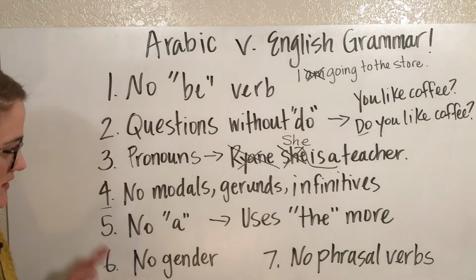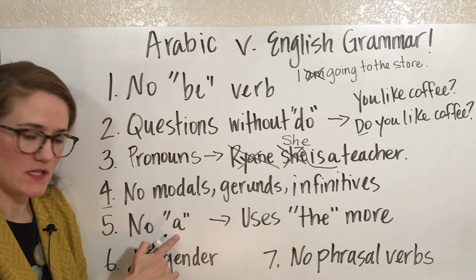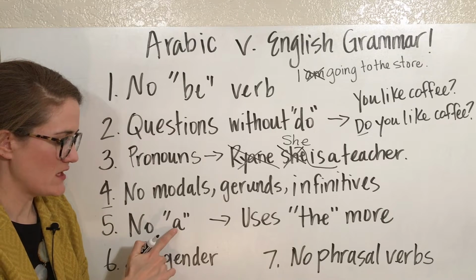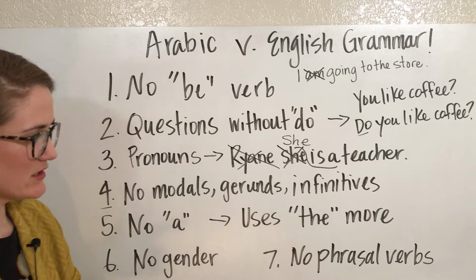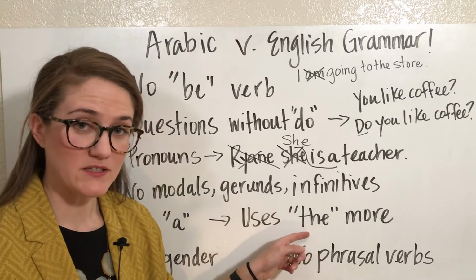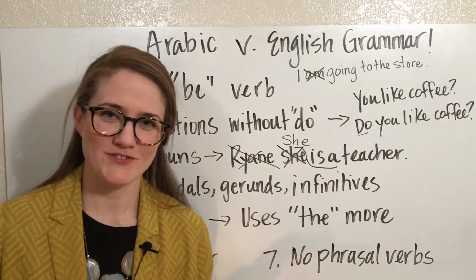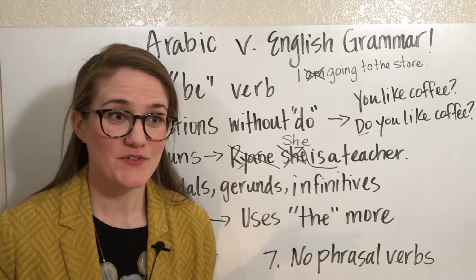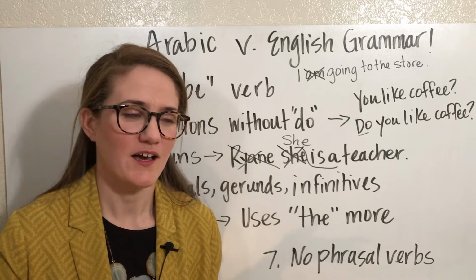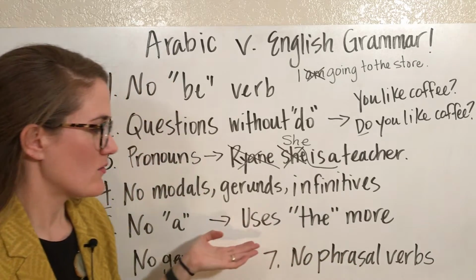Okay, also in Arabic, you don't really use what we call an indefinite article. So you don't use a. But in Arabic, you commonly use the word the. All my Saudi students, not all, but most of them, their name starts with al, because that's how you say the in Arabic, right?